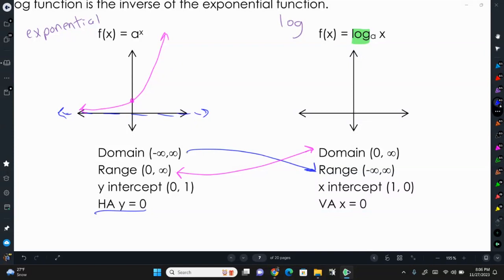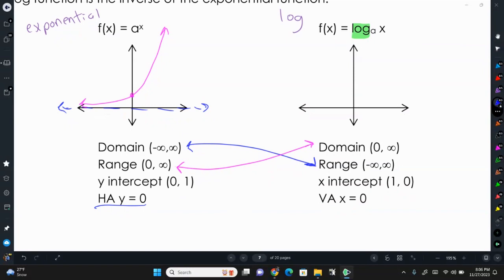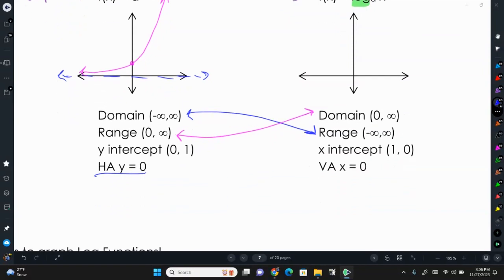And because they're inverses of each other, they could go in both directions. So if we have the information about the logarithmic function, we could go backwards and find the information about the exponential.